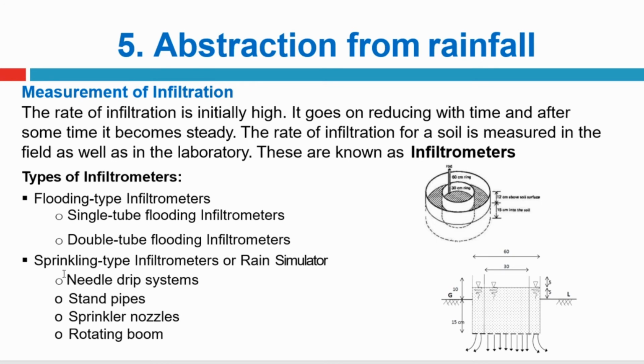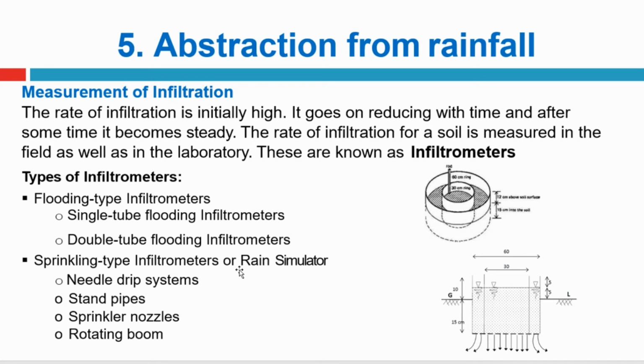And there are other methods which are more advanced and give you a more precise value of infiltration. The second type is called sprinkling type infiltrometers, also called a rain simulator. Usually infiltration takes place when there is a rainfall, right?